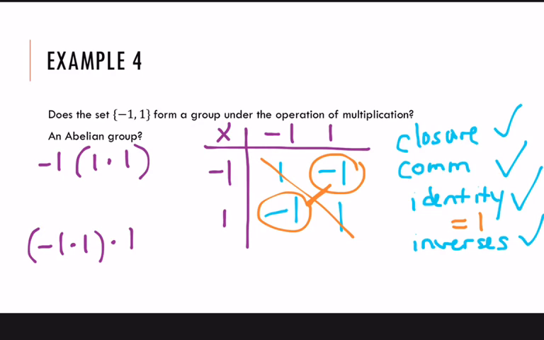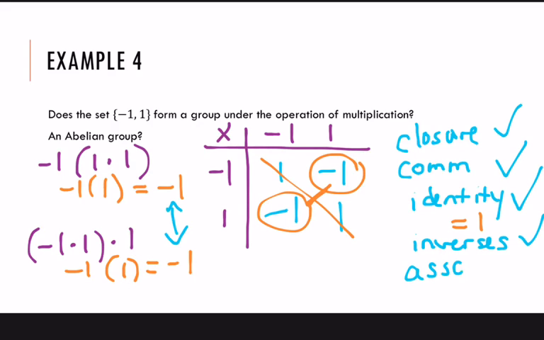Well, the first one, 1 times 1 is 1, and -1 times 1 is -1. And the second one, -1 times 1 is -1, times 1 is -1. Those match. So at least in this example, we'll make the conjecture that this is an associative system.